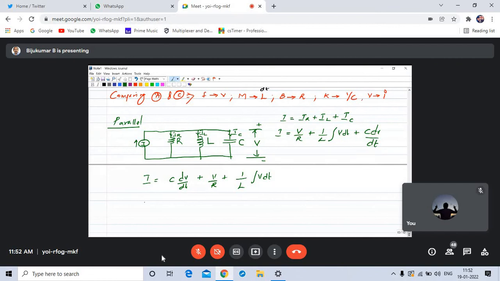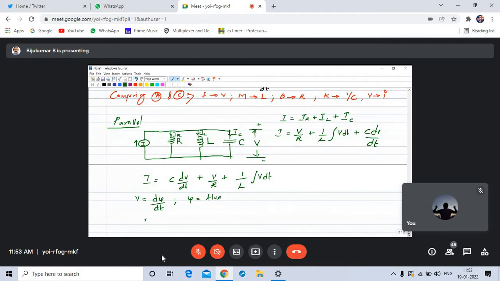Okay. And what is voltage in terms of flux? It is d psi by dt, right? The psi is the flux.